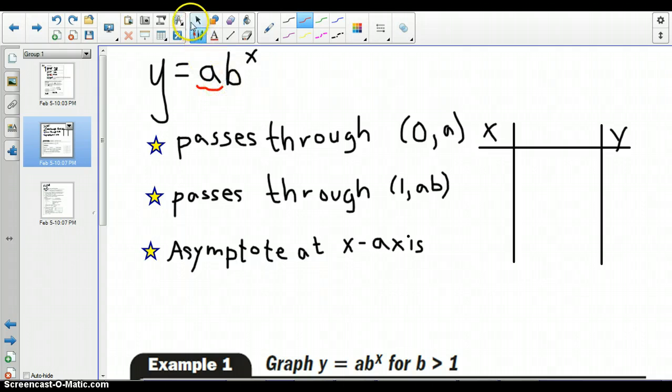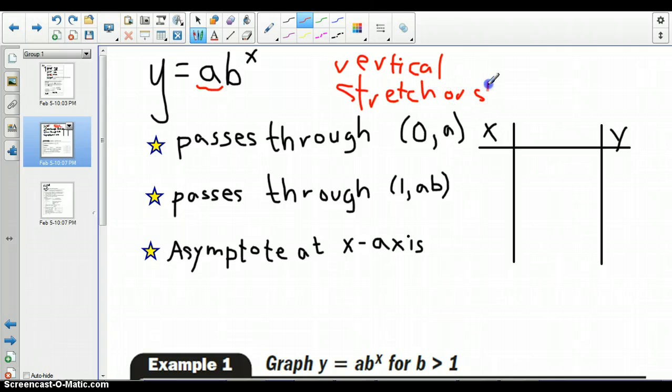Now if you remember from yesterday, we said that the a gives a vertical stretch or compression or shrink. Stretch or shrink.